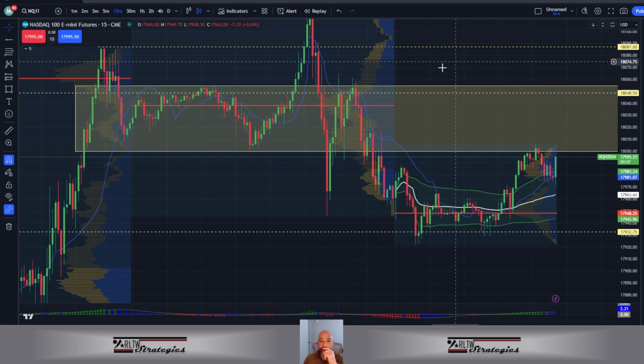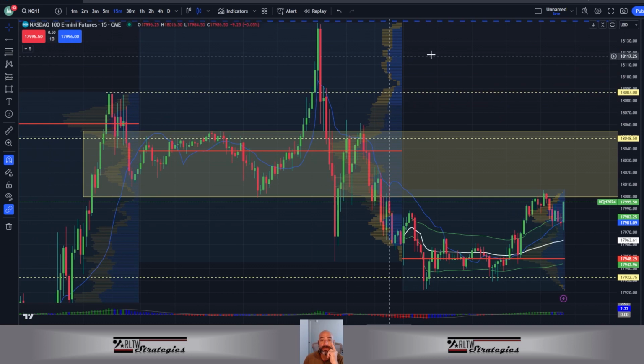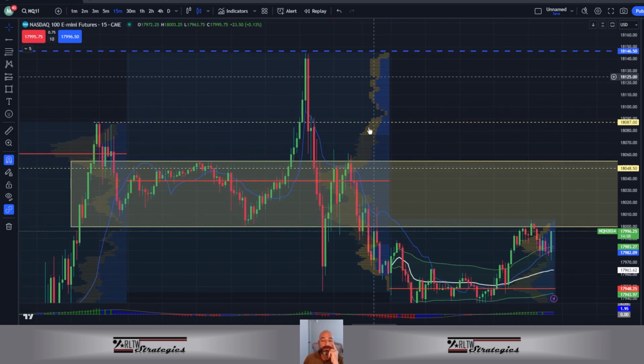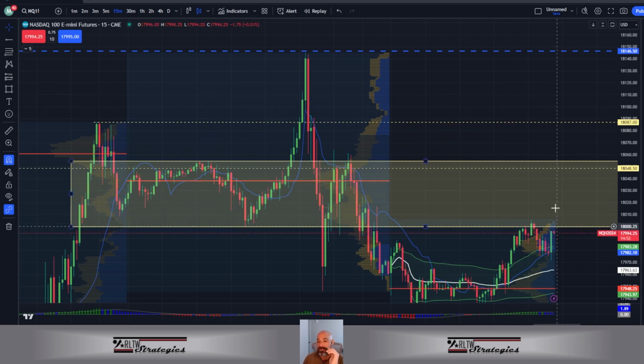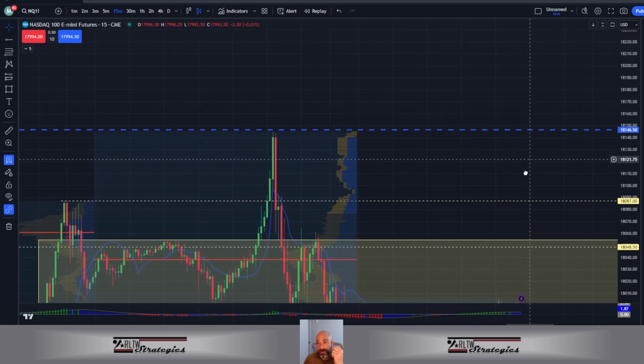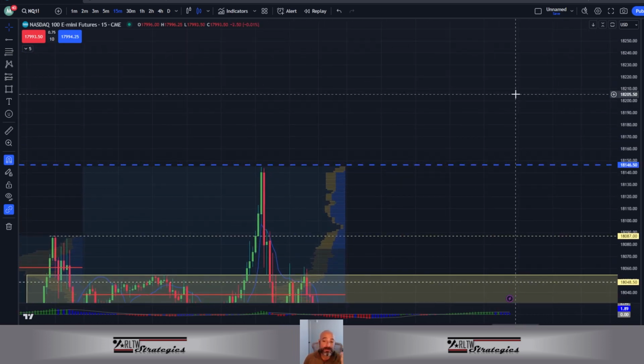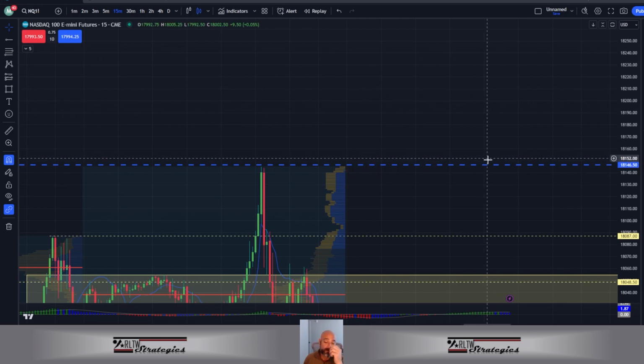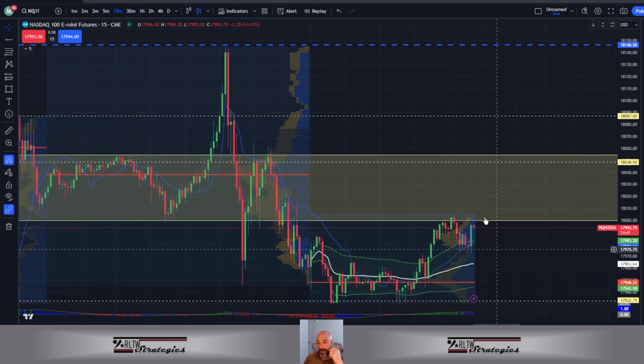You got the high volume node here at that resistance level. It kicked up, but that might have been Nvidia, post-Nvidia earnings, with the market hitting its all-time high. So if price skyrockets into this area to touch the all-time high, there's potential for a 20-30 point movement above this line later today, but we've got to see what price does.